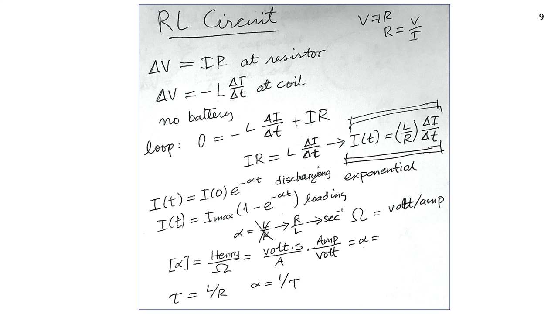So alpha is seconds. That can't be right. I made a mistake there. Volt second per amp.